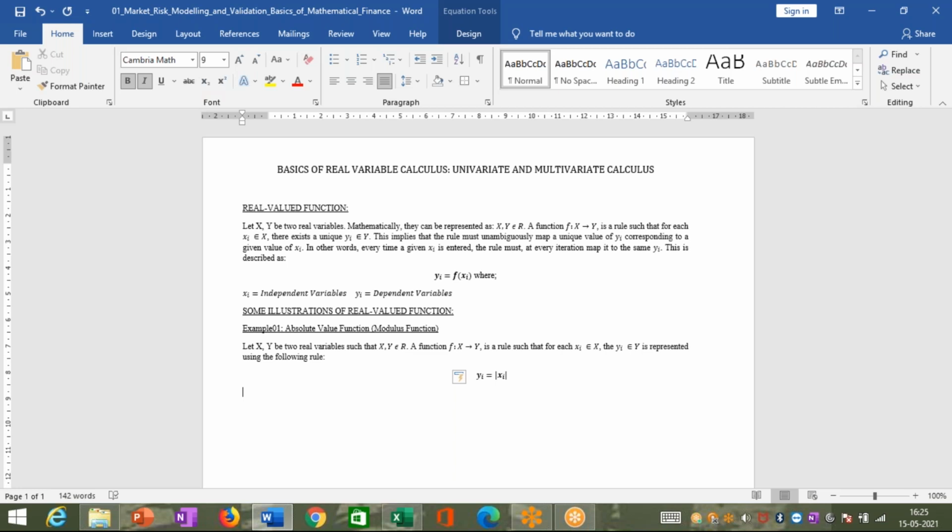Now what is more interesting about this function is that no matter what values you enter, it will give a positive value. So how is it that this particular function would actually work? You always have a positive set of values and a negative set of values, and whatever values you enter, it will always give you the positive of that value.